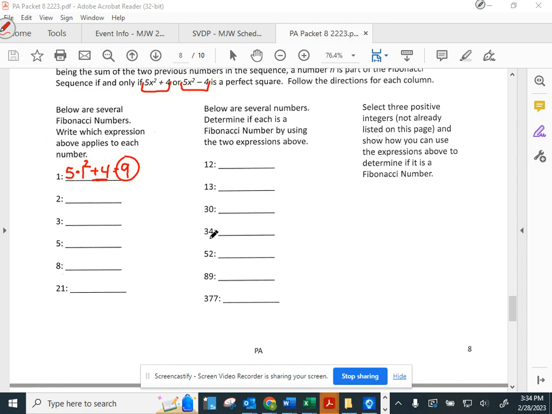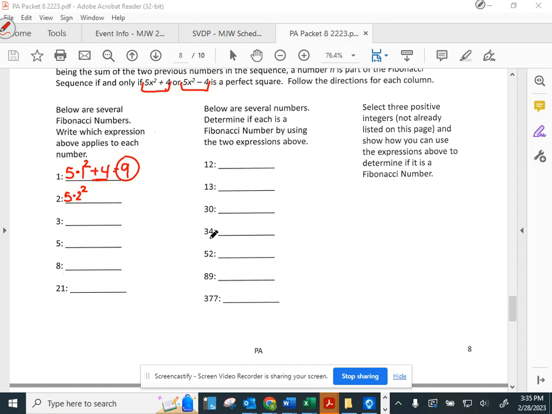So now I'm going to look at 2. I'm going to plug that in, and I'm going to say 5 times 2 squared. So 2 squared is 4 times 5. 4 times 5 is 20. Then if I add 4 to it, I would get 24. 24 is not a perfect square.